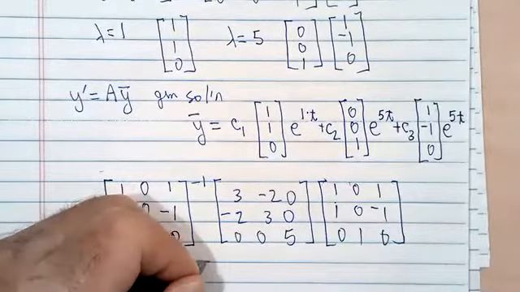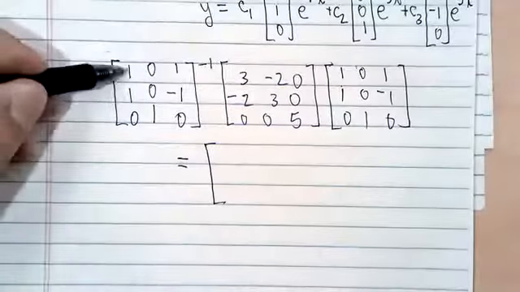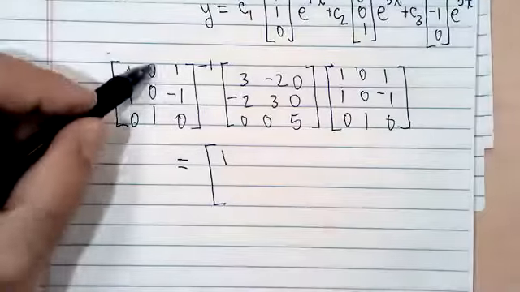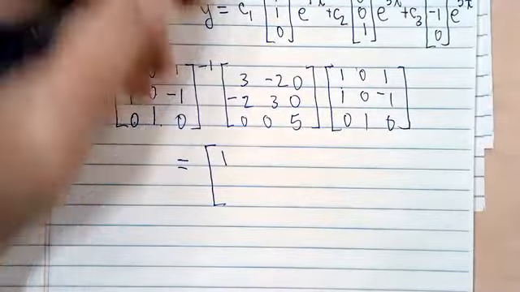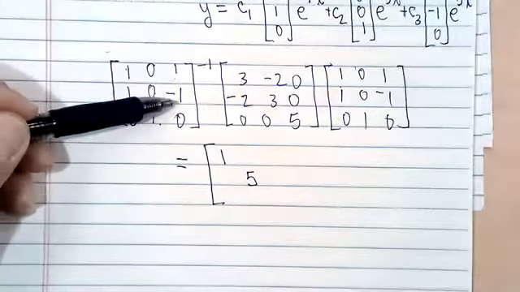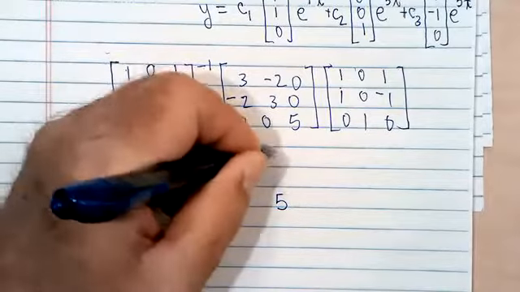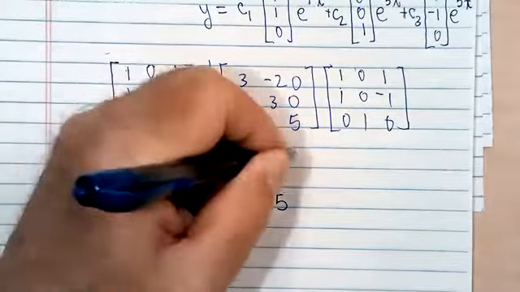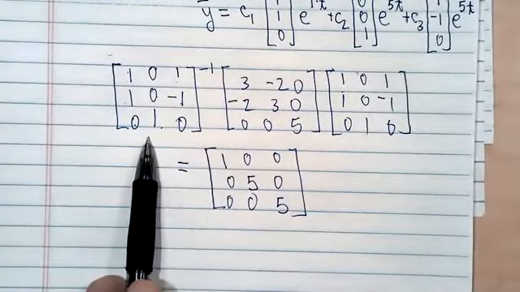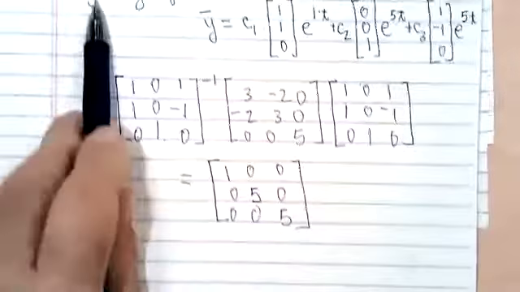You will get a diagonal matrix. And what's down the diagonal is predictable. This 1, 1, 0 corresponds with lambda equals 1, so we get a 1. This 0, 0, 1 corresponds with lambda equals 5, so you get a 5 there. And this 1, minus 1, 0 corresponds also with lambda equals 5, so you get a 5 there. And everywhere else there will be zeros. So we have both diagonalized the matrix and we have solved the differential equation y prime equals Ay.